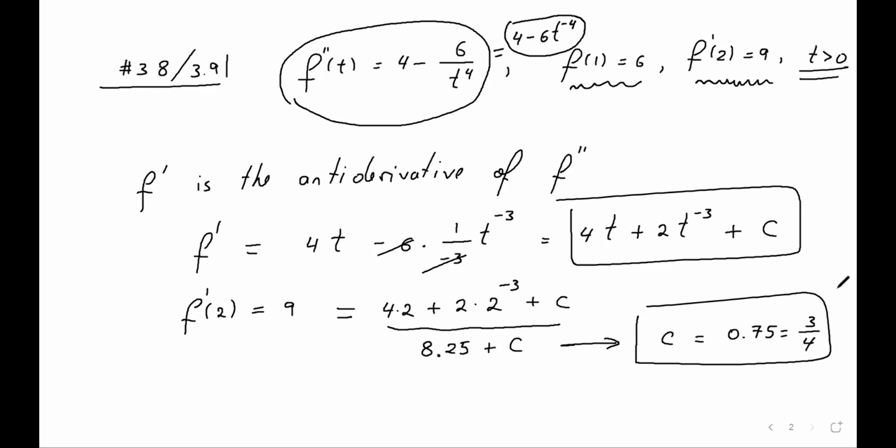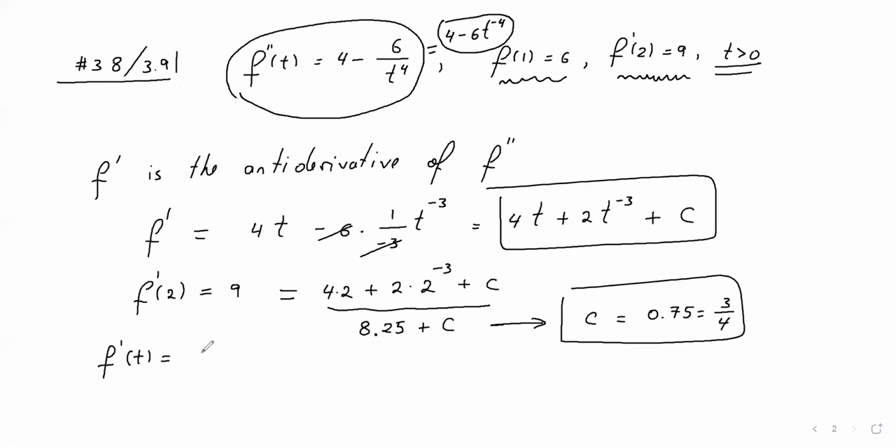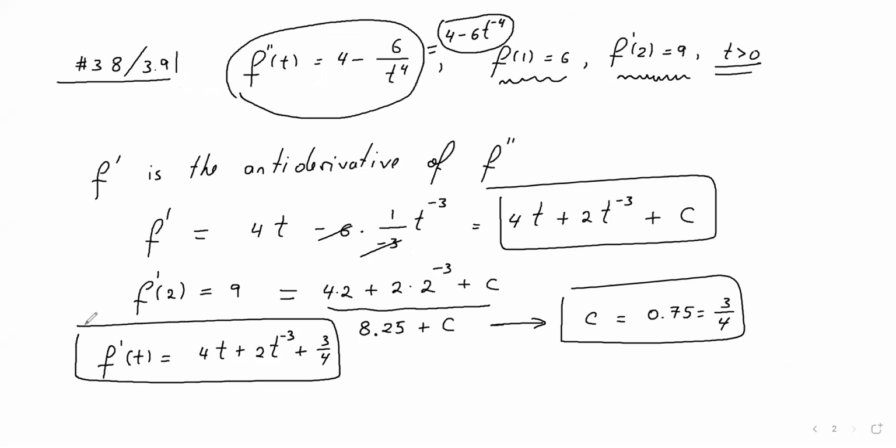It's not so important. But the important thing is that f prime of t, folks, and we can write a nice formula here, so let me make this bigger a little, is 4t plus 2t to the negative 3 plus this constant here, which is 3/4. That's very important.